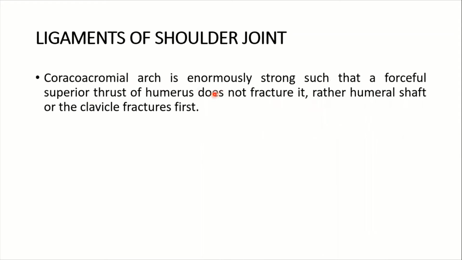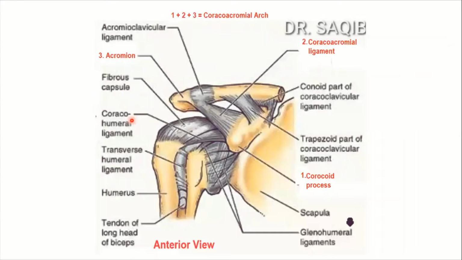Rather, the humeral shaft or the clavicle fractures first. This is the coraco-acromial arch, lying superior to the shoulder joint, and it prevents superior dislocation of the humeral head.